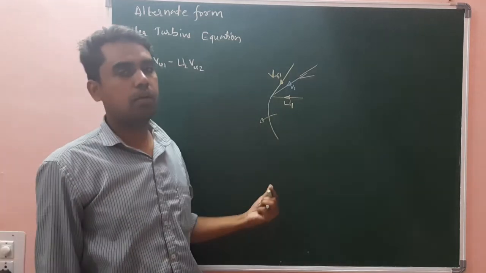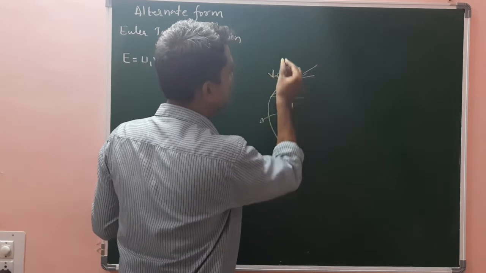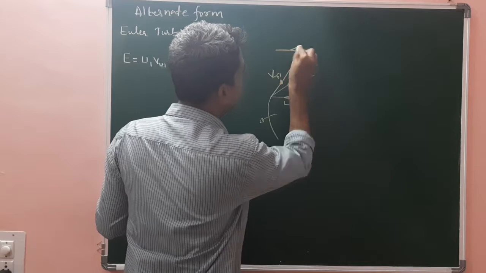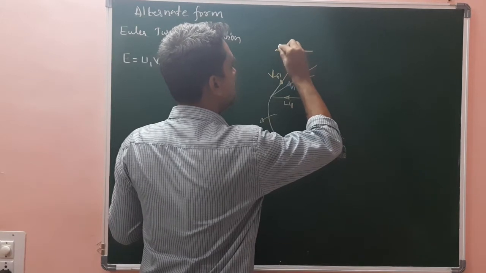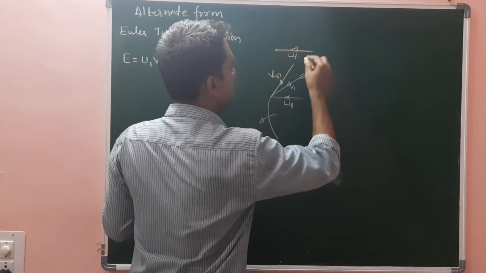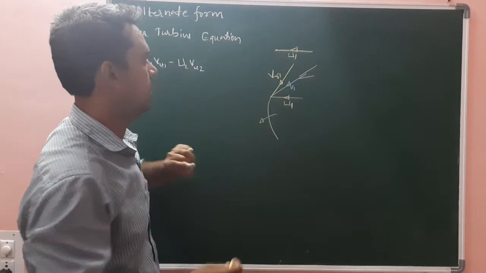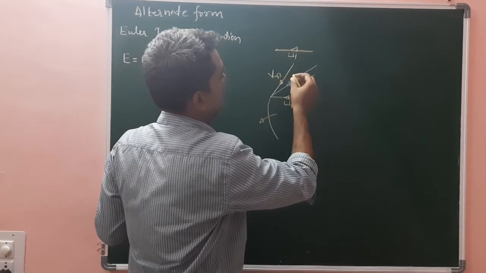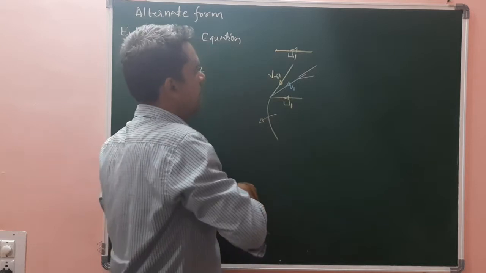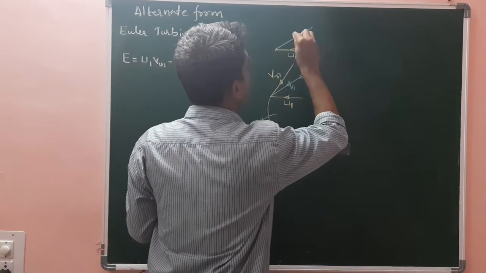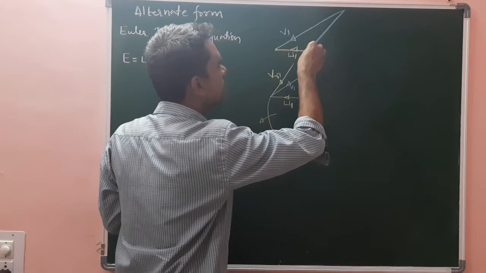Therefore, using the law of parallelogram of vectors, we can draw U1 parallel to this, and draw the velocity vector V1 like this, and this is Vr1.